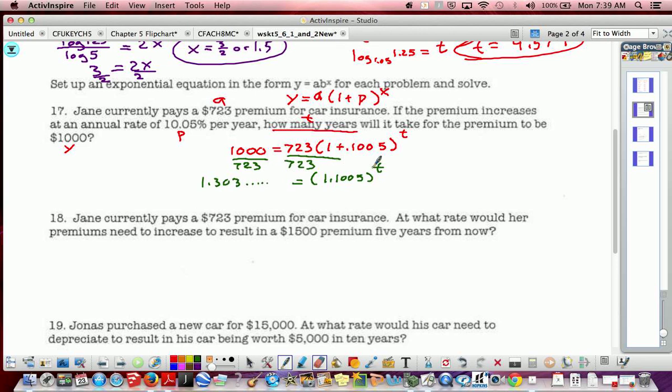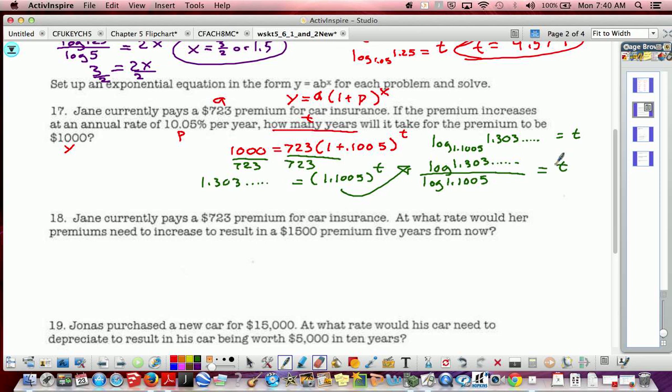The reason why I do it like that is now, since it's in exponential form, I can write it in log form. So log, my base is 1.1005, to the 1.303... equals T. So now I know it's going to be the log of this 1.303..., I'm doing the change of base, over the log of 1.1005.